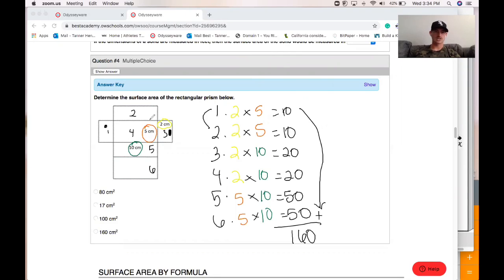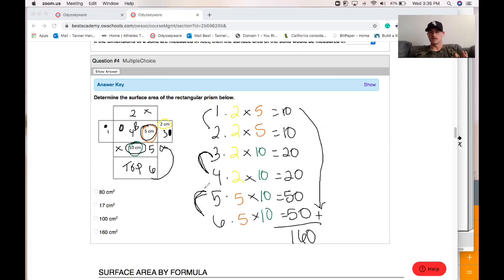The next side would be this one right here and this one right here, and that would be 10 times 2. So we have 10 times 2 on these 2. And the last one would be this bottom piece right here. And then once we fold this all the way to the top, this is my top and this is my bottom. So base times height is 10 times 5, 2 times. So that's what we have right here.